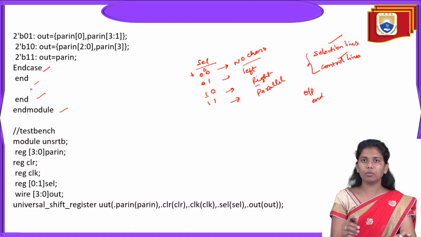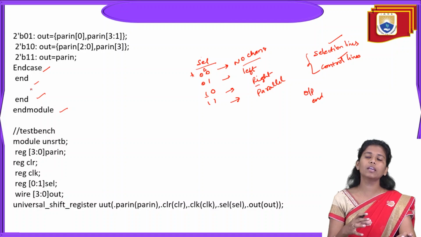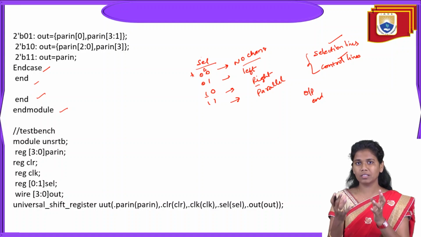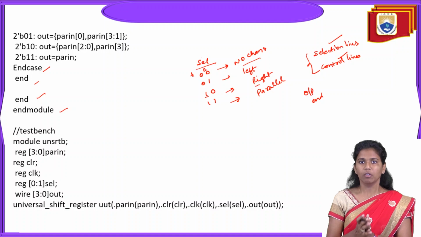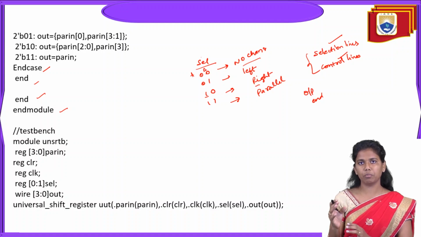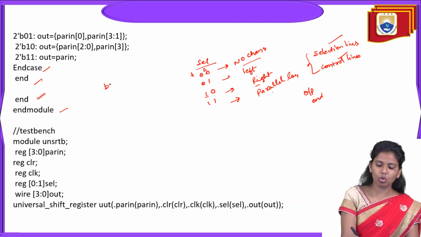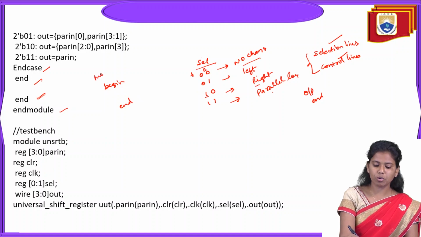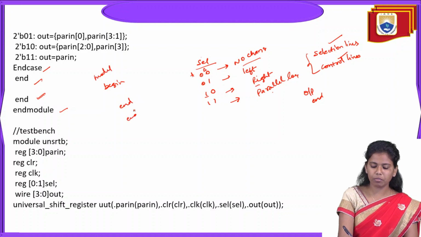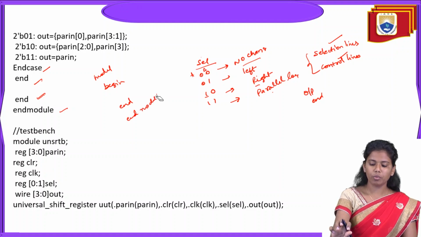And finally, for 1 and 1, I'm loading the outputs in parallel. So when both selection lines are 1 and 1, there is a parallel load. Then finally end case. If you start your code with begin, you have to finish with end, and the code ends with end module. So this is how you have to write your code.